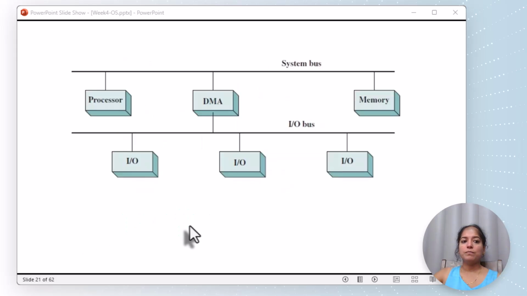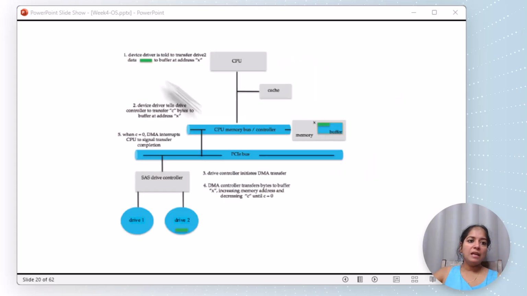We use DMA, which deals directly with all the input output devices to transfer data between devices and memory. It takes instructions from the processor. In this diagram, first, the device driver is told to transfer disk data to a buffer at an address. This is the instruction generated by the CPU. Second, the device driver tells the device controller to transfer C bytes to the buffer at address X, so it performs the operation.